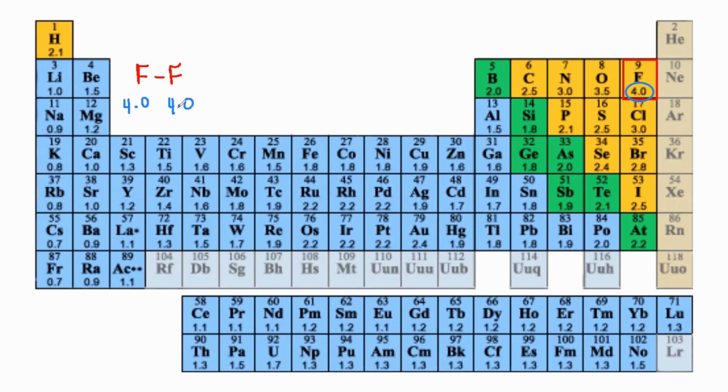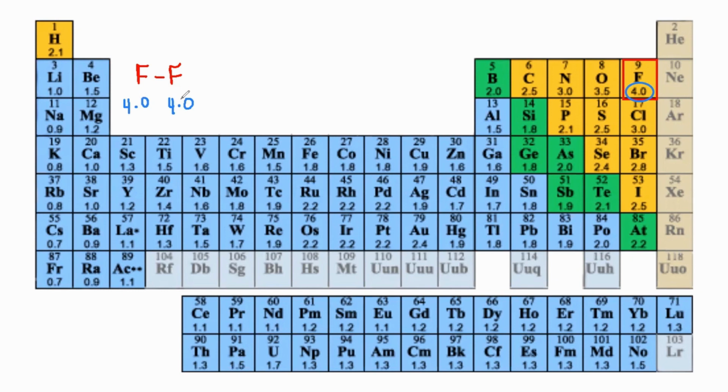And you can see that the electronegativity is the same. Therefore, this fluorine is not going to be pulling any stronger on those electrons than this other fluorine right here. It's almost like my example of the twins earlier on.